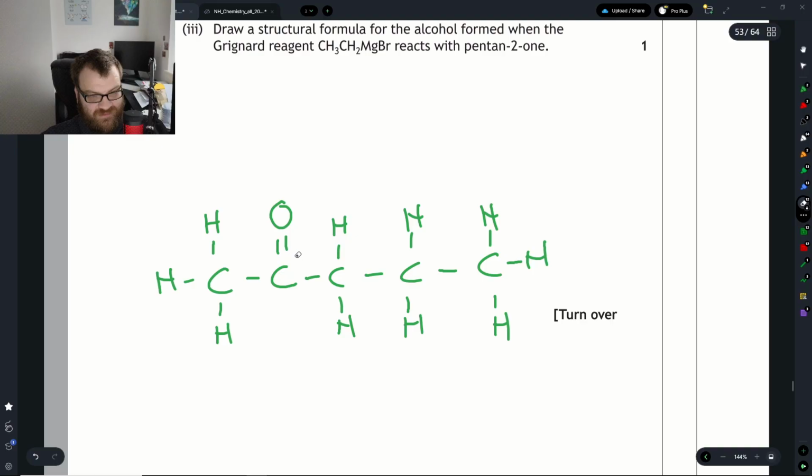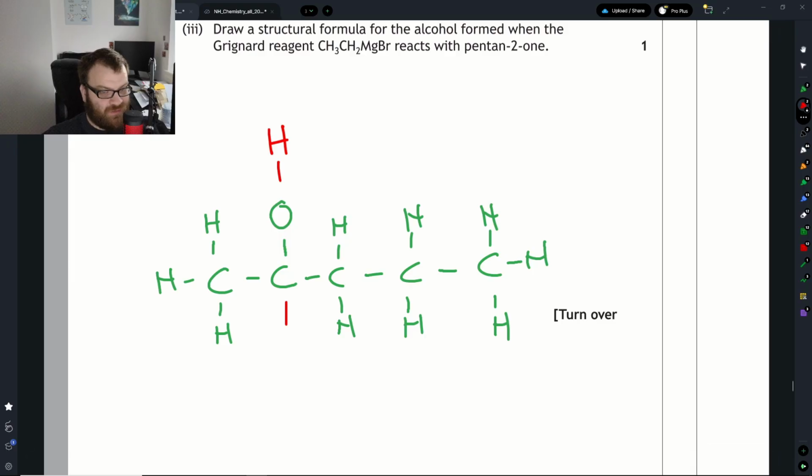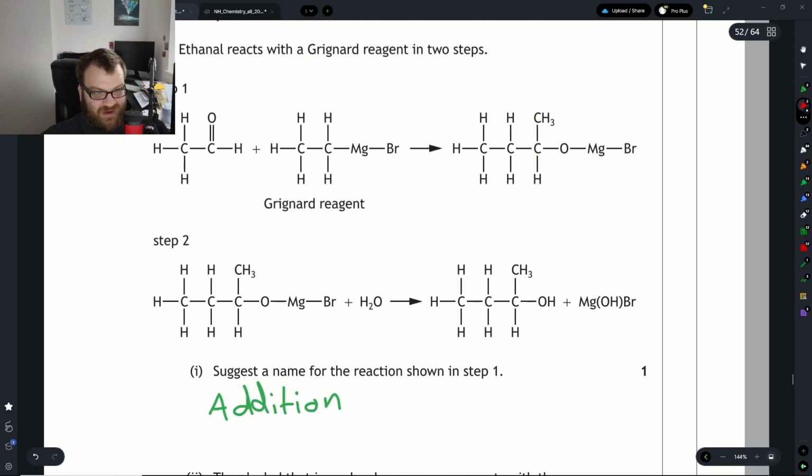First thing, the double bond has to break. And what this does is open up 2 new bonds. What happens is an H goes on to one end of the bond, and that makes us have an alcohol formed. So we can see that up here we had this carbon, double bond O, and now that carbon has the OH. Second thing we need to do is, on the other part of it, add on however many carbons were in our Grignard reagent, which in this case was 2.